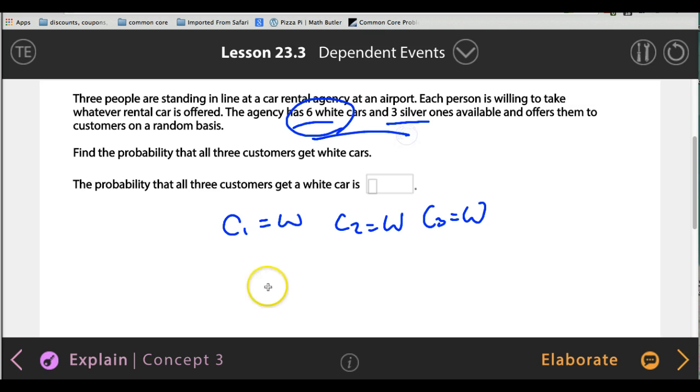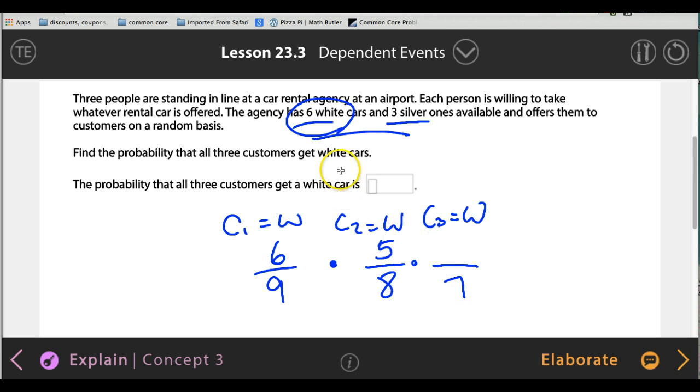There's no different way to do it because the colors are not mixed up or anything like that, okay? So out of 9 cars total, what's the probability of the first customer getting a white car? 6. Going to multiply that by, now how many cars are left? This customer took 1, so there's 8 cars left, right? And out of the 8 cars, how many white do you have? Well, this customer took 1 white car, so out of 6, now we have 5, right? Times, now the third customer, there's 7 cars left, right?